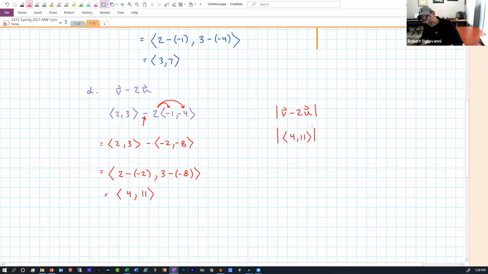That's the way I'd write that, which should just be equal to the square root of, and I just take each of these components and square them. And then I'll add them together. So square root of, what is that, 16 plus 121? So square root of 137. And that's it. Now I could get that as a decimal, but I'm going to leave it like that. So that's how long that vector is.